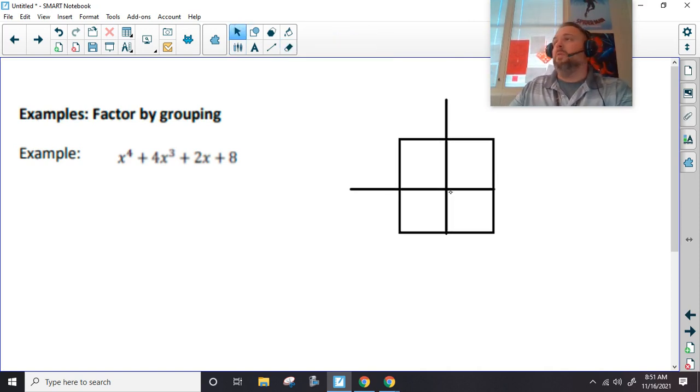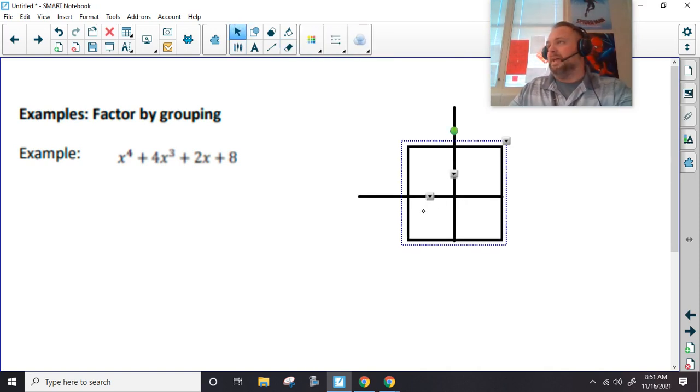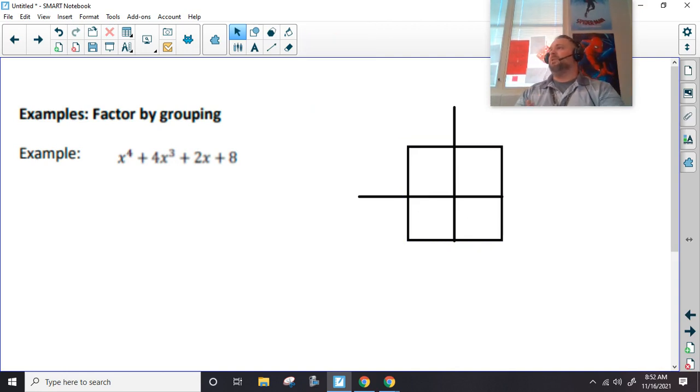I want y'all to look at this two different ways. I just want y'all to watch this example. Now, some of y'all might be saying, oh no, we're doing the box method again. Yes and no. I actually had a collaborative teacher who helped me with this one year, and I like this method better than the other one.